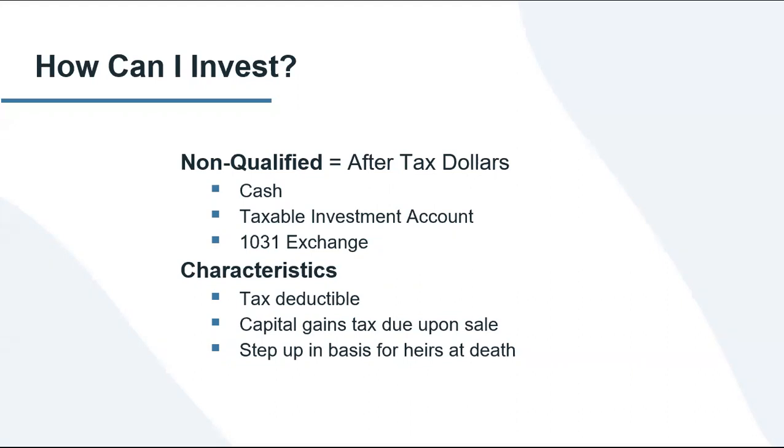If I were to sell it while I was alive, I'd owe tax on that $100,000 gain. But if I leave it to my daughter at death, that gain is wiped away. And so she would sell it, and her basis, again, the value for tax purposes, would be $200,000. So she could sell it and not owe any tax. So that's a unique characteristic. Now, there are talks right now that may be going away with the new tax law.